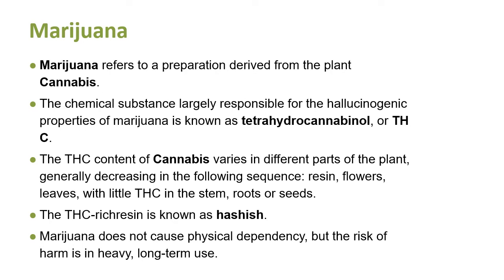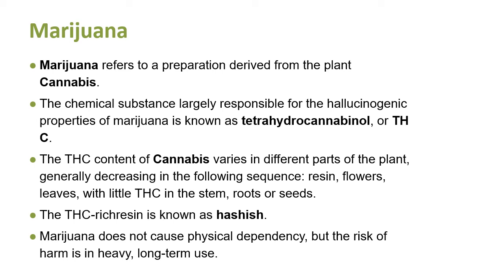Again, the main substance that's responsible for its hallucinogenic effects is THC. And we definitely see the THC content level is going to be highest in the resin. The resin, talked about as hashish, is the form of the cannabis that has the highest concentration of THC.